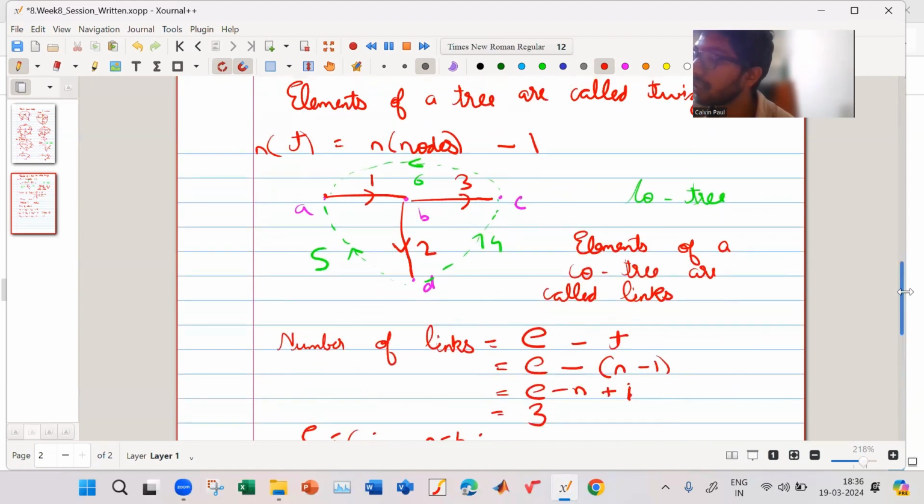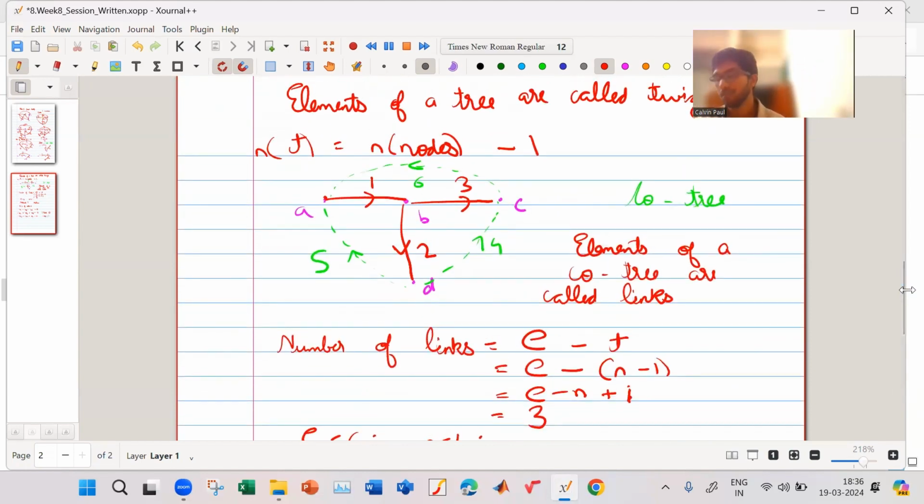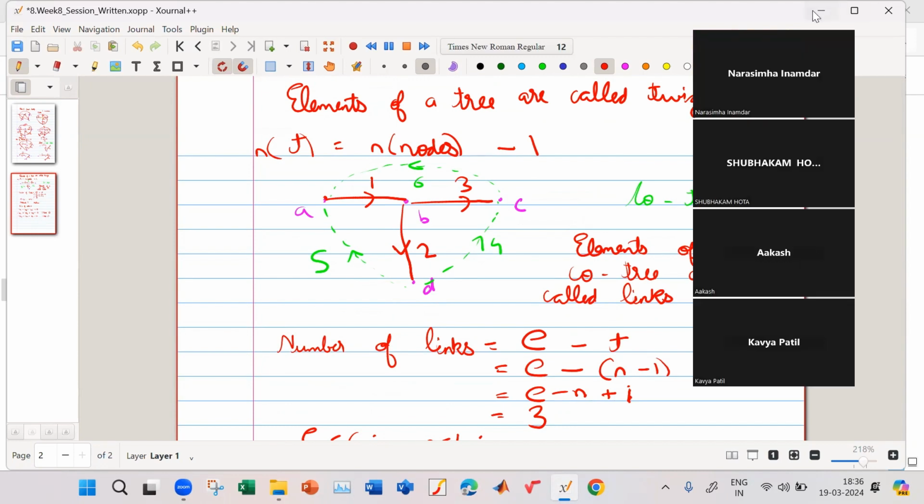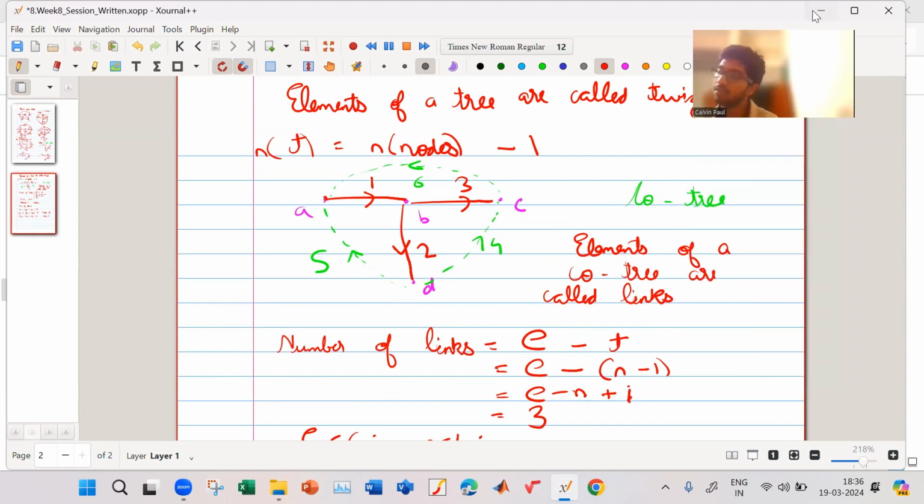Now for node D, what will it be? Kavya: I5 plus I4 minus I2 equal to 0.